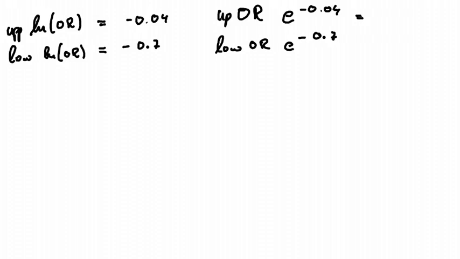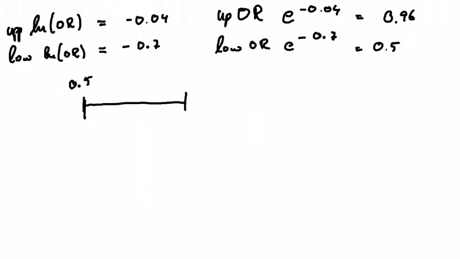If we put that in a calculator, we get 0.96 for this one, and 0.5 for this one. So the bounds for the odds ratio are somewhere between 0.5 and 0.96. And again, we see 1, where it doesn't have any effect, is not included in this 95% confidence interval. And that indicates that there is an association.